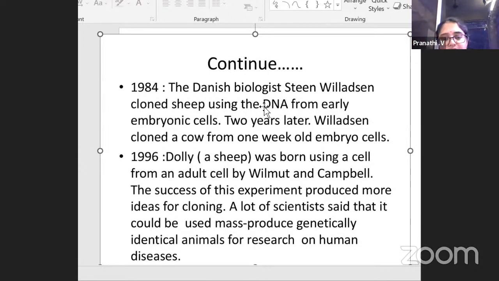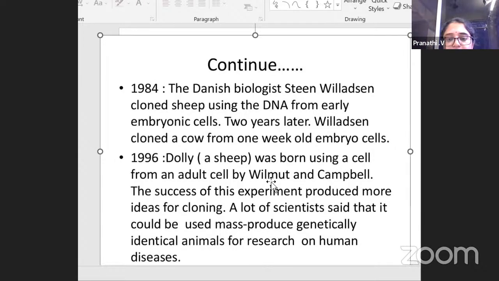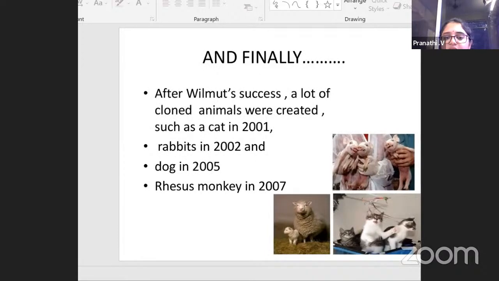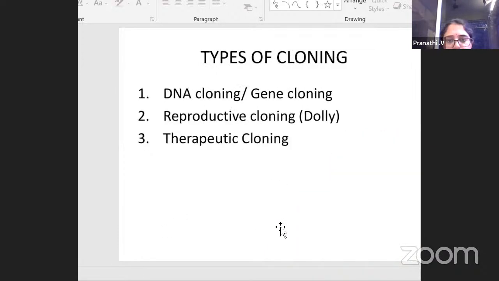Then in 1996, that was the game changer when Dolly was born. It is a sheep, wherein adult somatic cells were taken, and from there the cloning was done basically by Wilmut and Campbell. And now after that, you have a lot of clones that were produced.